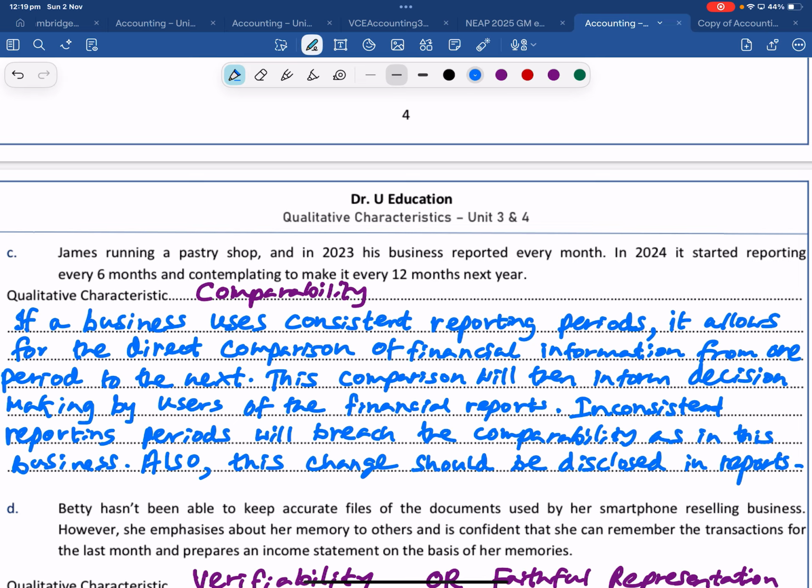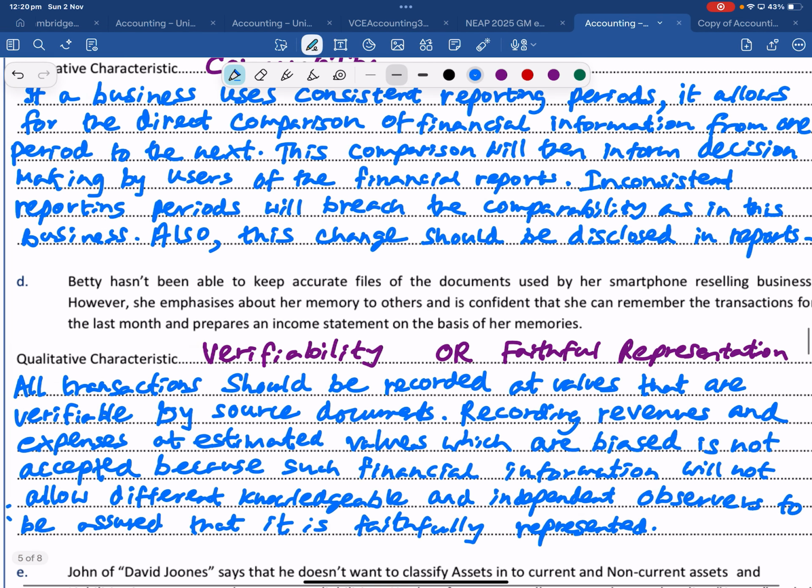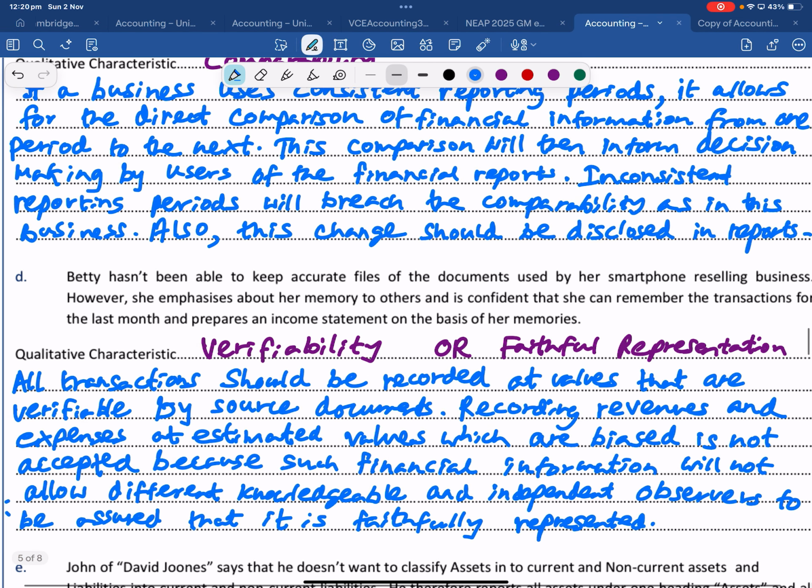I'd say verifiability, or even faithful, but mainly verifiability. Yeah, verifiability or faithful for the last one. Sundar, verifiability? Verifiability is correct. You can say faithful as well, because we said that nobody can put in estimates. So it fits faithful as well, but either of them is fine.